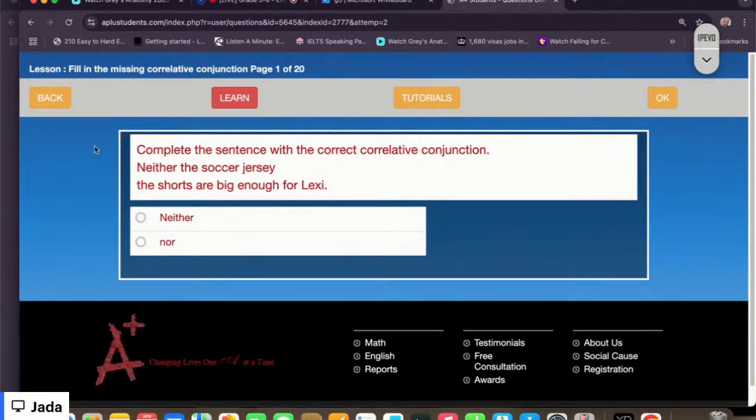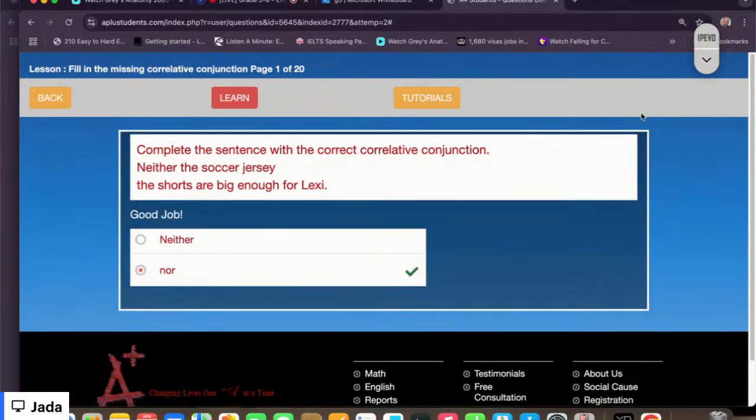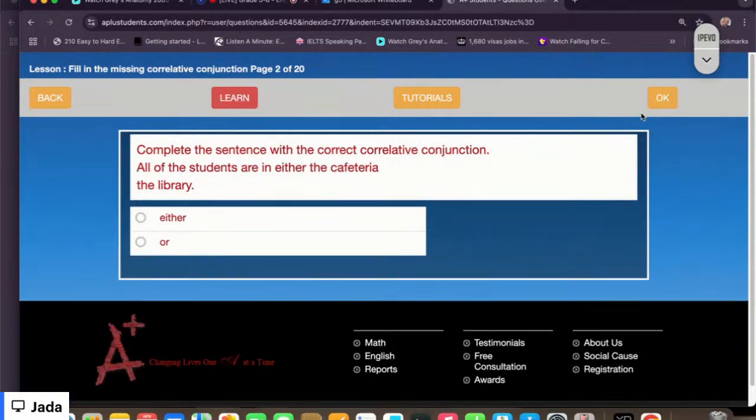So we have neither already. We're just going to put the other part of neither. So neither, nor. Okay, since we already have the first one, we put the one that is missing. Okay?